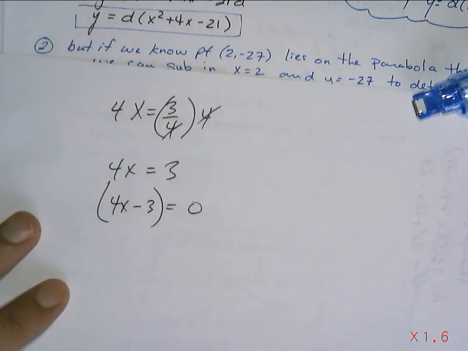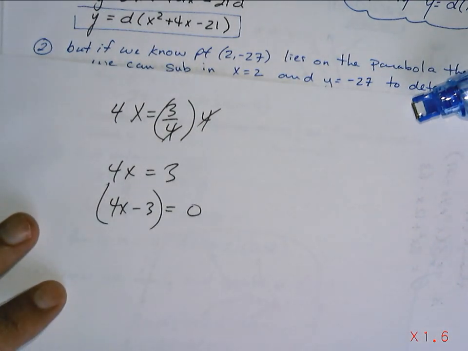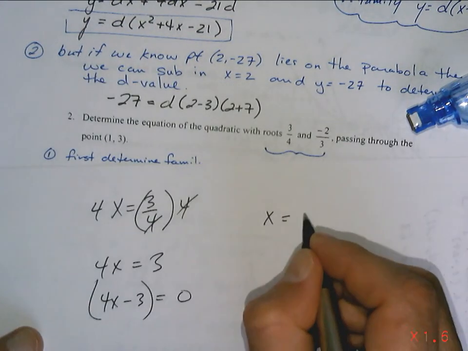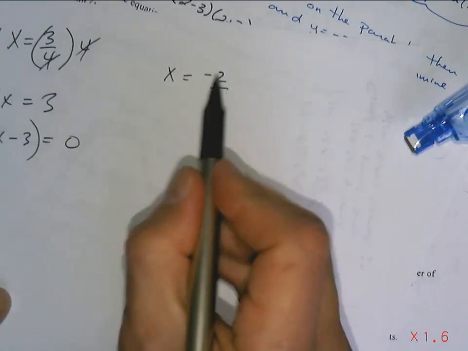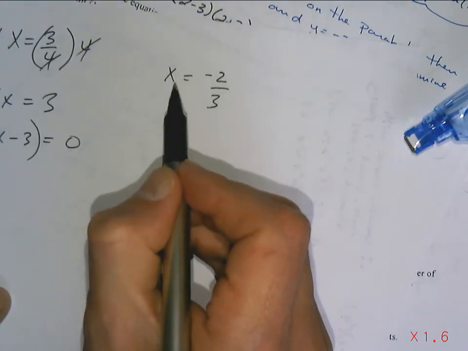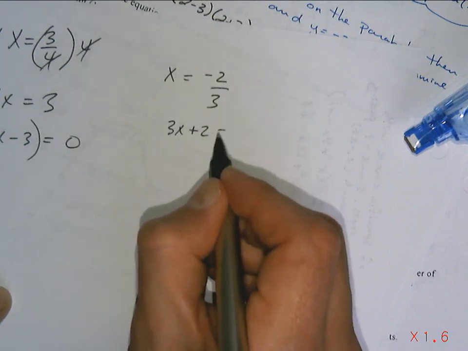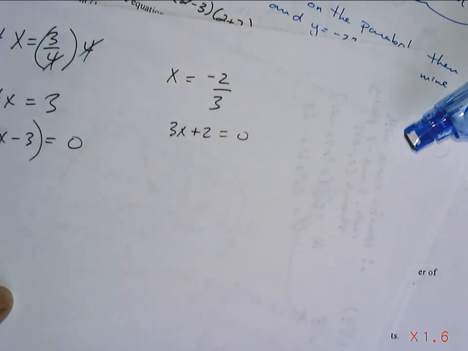There's my factor. Now the only thing is, I am going to do it a little bit more fluid than that. I'm going to say in my head, the 3 comes up here, so it's going to be 3x. The negative 2 comes over here, so it's going to be 3x plus 2 equals 0. That's just because I'm good at algebra. And you guys need to be too.